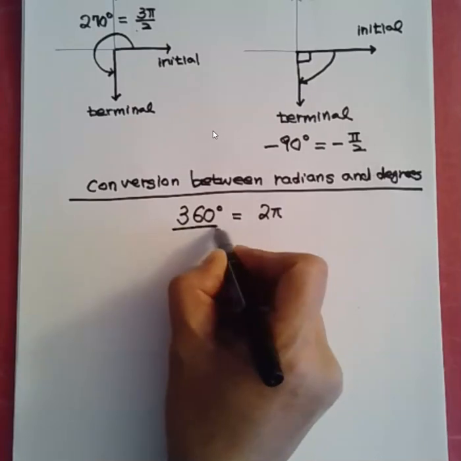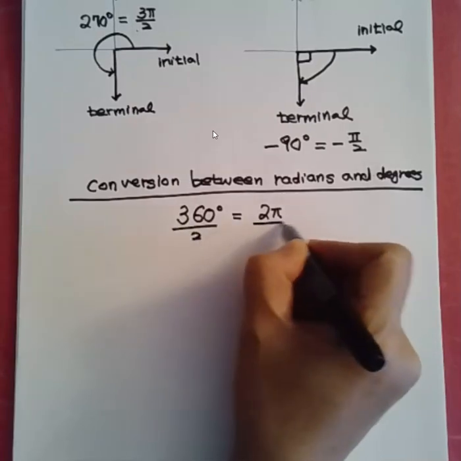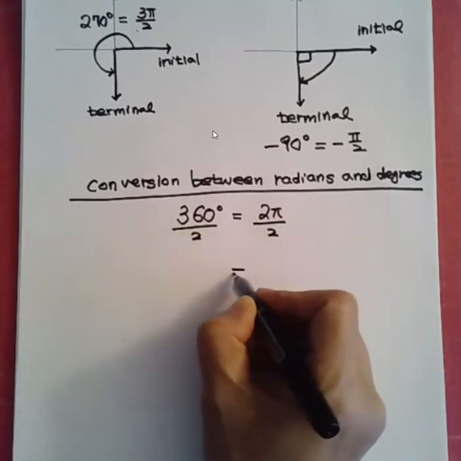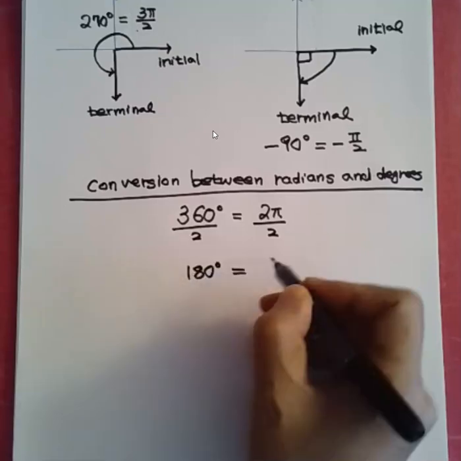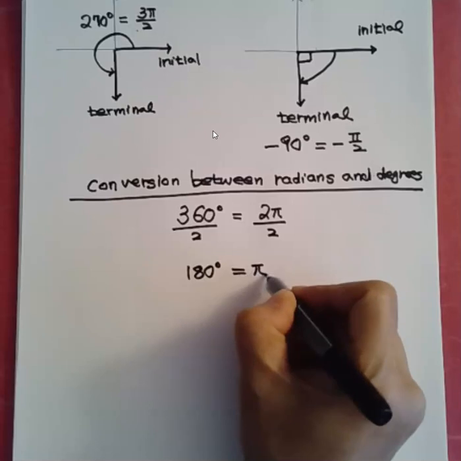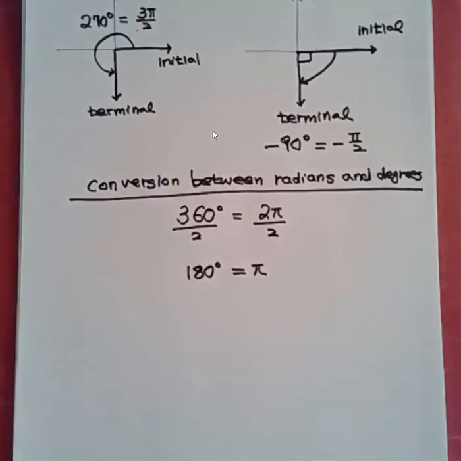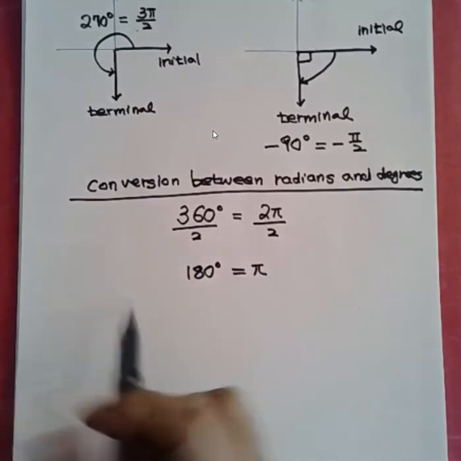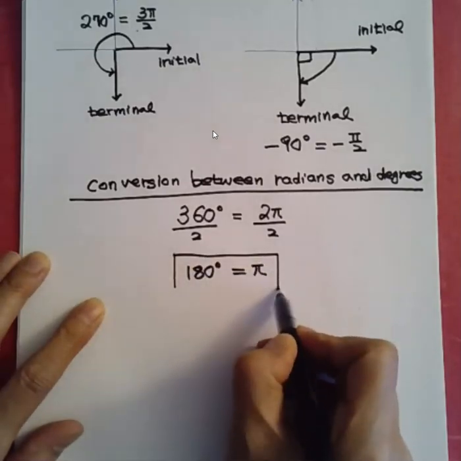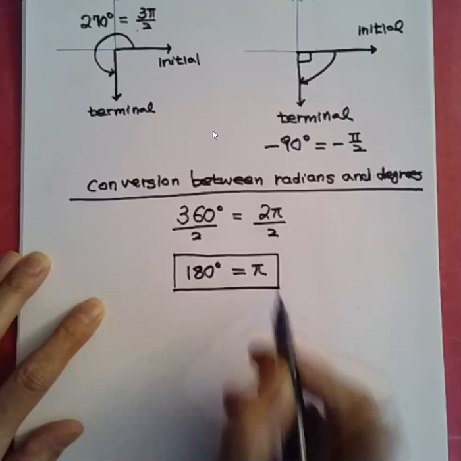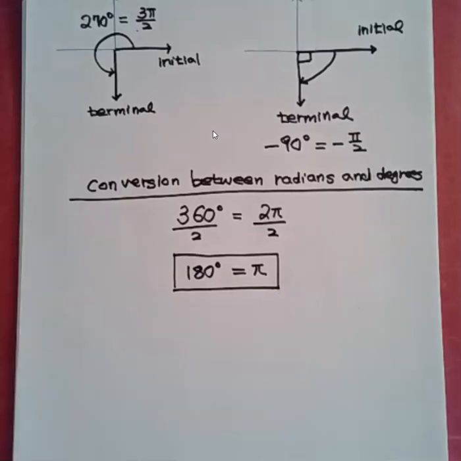To do that, we divide by 2 on both sides. So the left side becomes 180 degrees and the right side becomes pi. This correspondence will be used when we think about the conversion between radians and degrees.